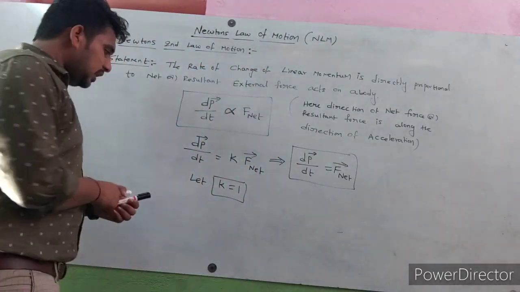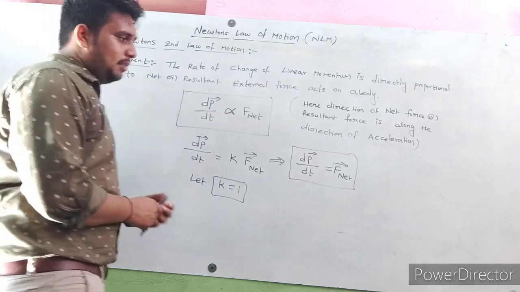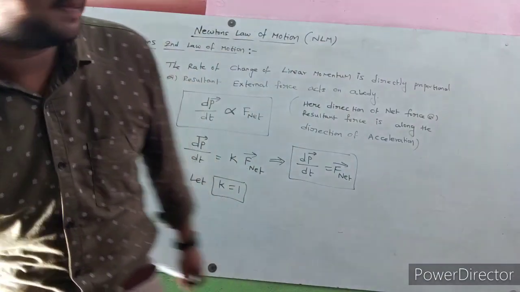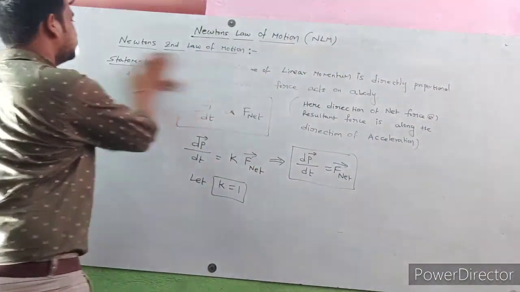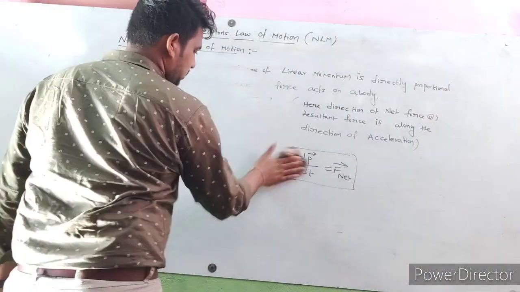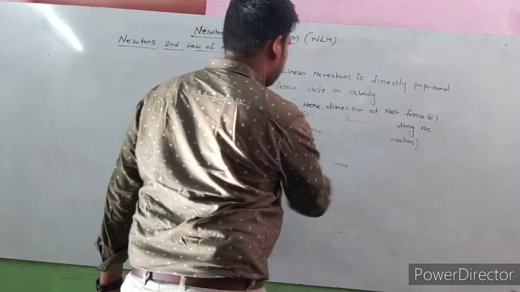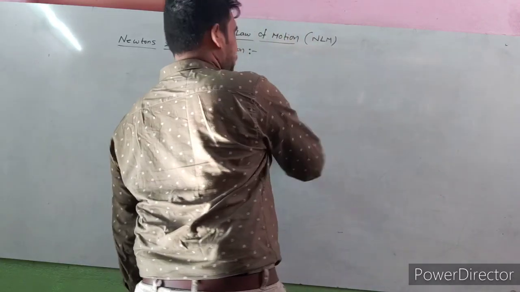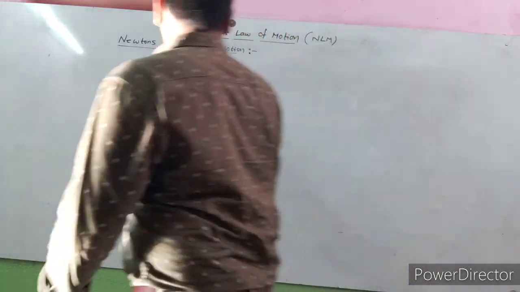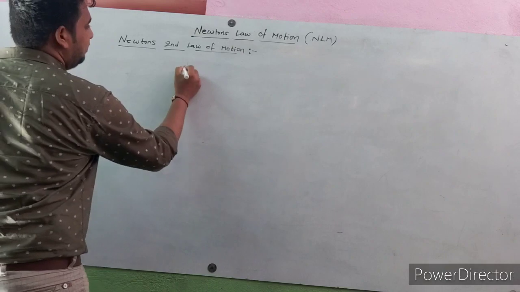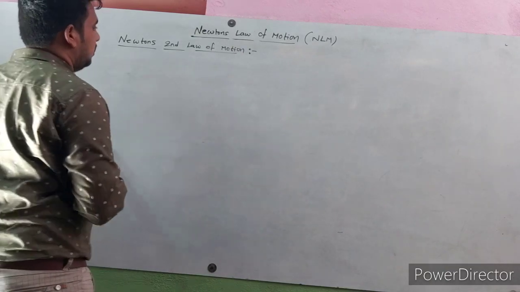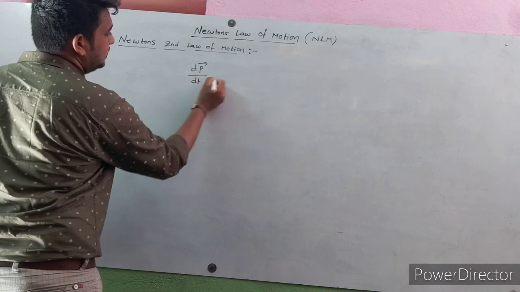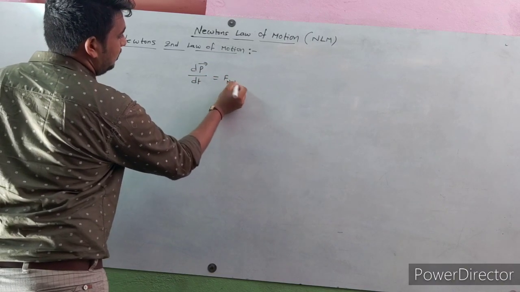Now from this we concluded, observe carefully. dp bar by dt is equal to f net bar. Is it or not?